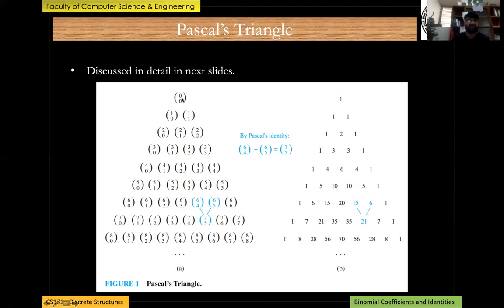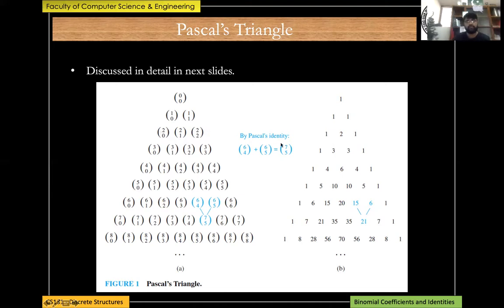So this is basically saying selecting 0 elements from a set of 0 elements where the order doesn't matter. So this is C(0, 0). This is always equal to 1. Similarly, C(1, 0), selecting 0 elements from 1 element in total, or selecting 1 element from a total set of 1 element, is C(1, 1). So both of them are also 1. Selecting 0 elements from 2 elements is 1.